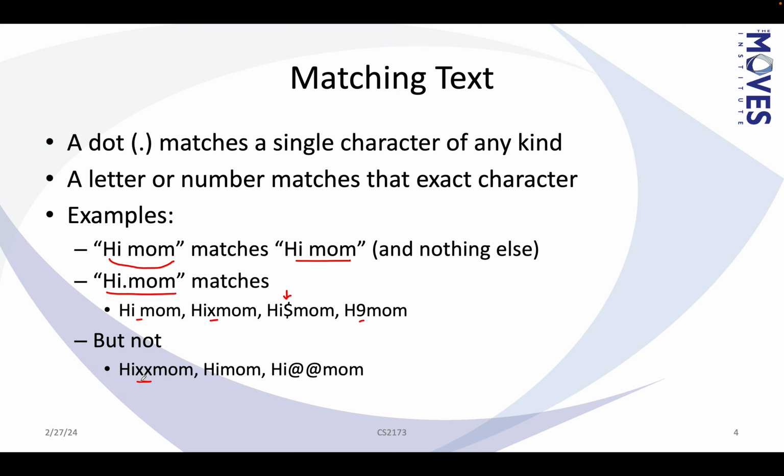What it looks for is that the string has to start with capital H, lowercase i, and then the dot says any one character in between. So here's one character, matches this, but then here we find two characters and say no. And here we have no characters. And then here we have two again.